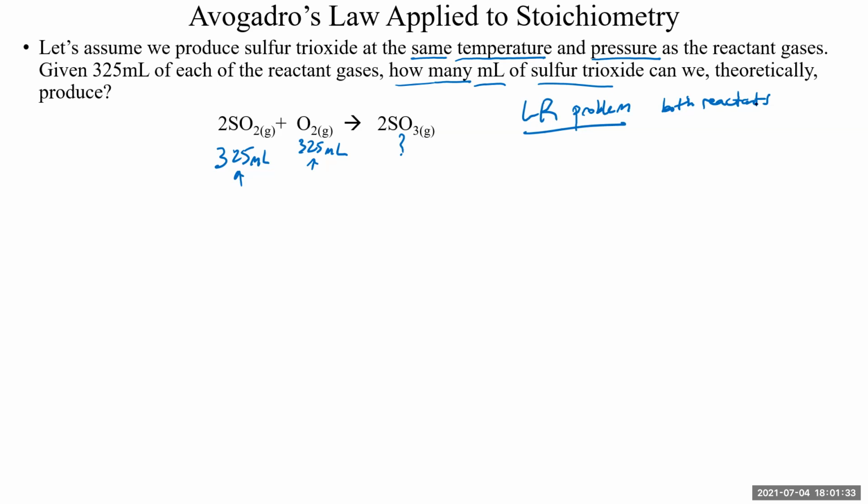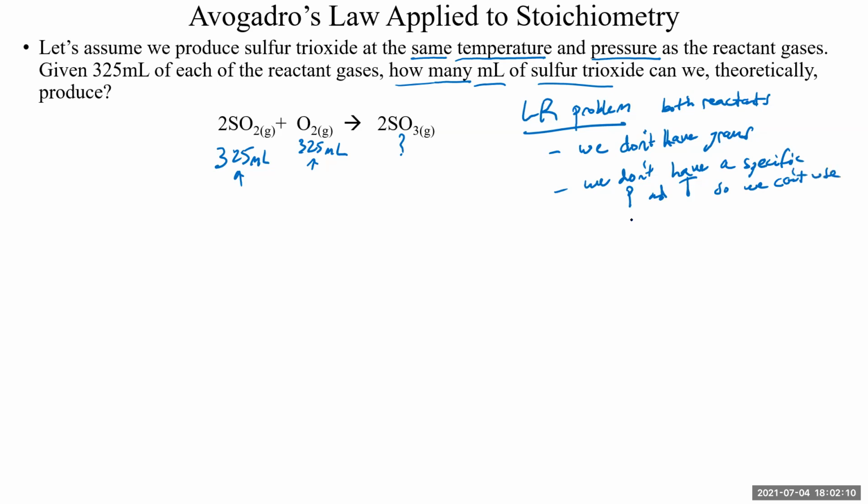We also notice we have not been given any information about pressure or temperature. We've been told that they're at the same temperature and pressure, but we don't have enough information. So here, let's list what we don't have. We don't have grams, so we can't use molecular weight. We don't have a specific pressure and temperature, so we can't use the ideal gas law, PV equals nRT.